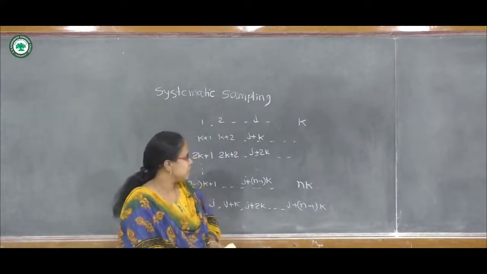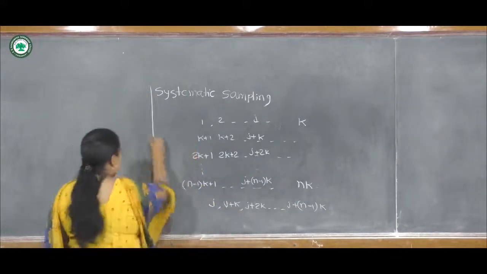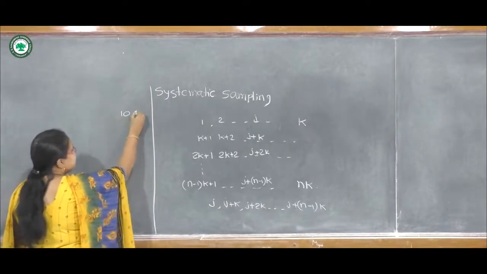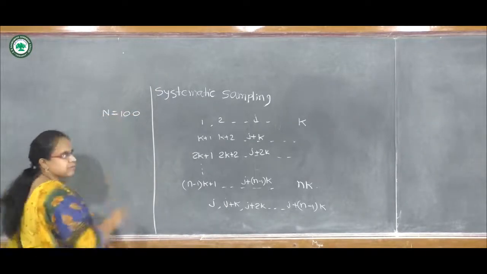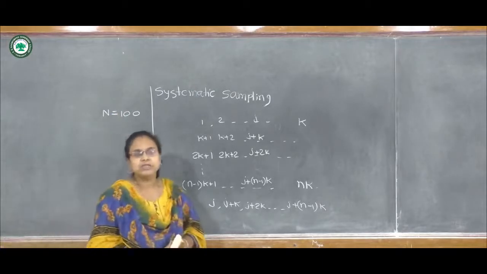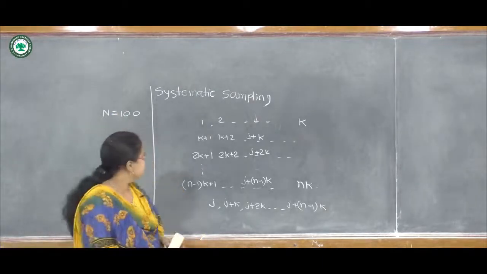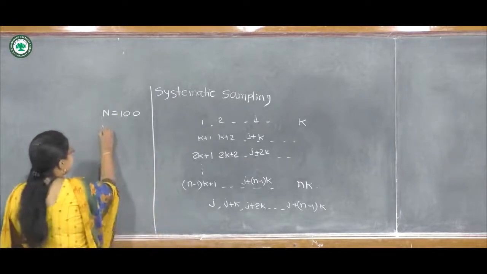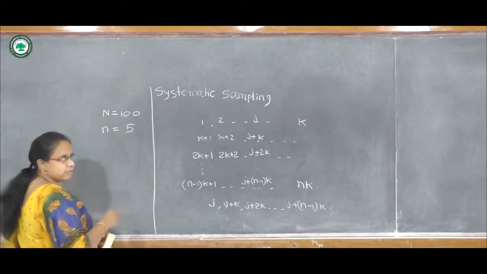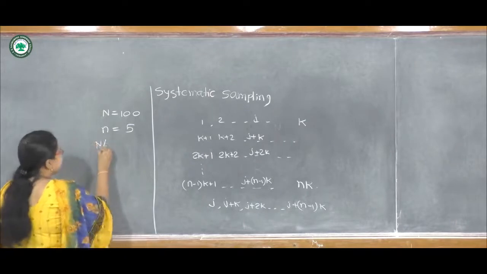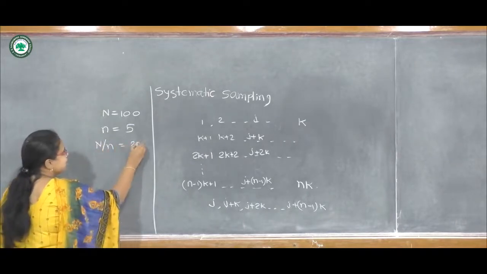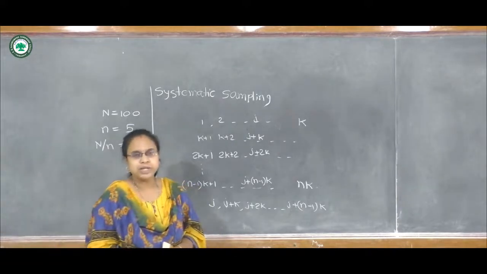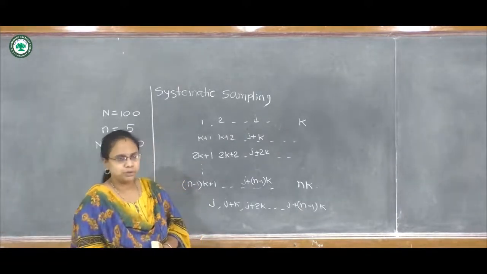Let us take one example. Suppose we have 100 students in a class, and we want to select 5 students from those 100 students. So sample size is 5. Here we can make N upon n, that is 20 groups of students, and each group will contain 5 students.